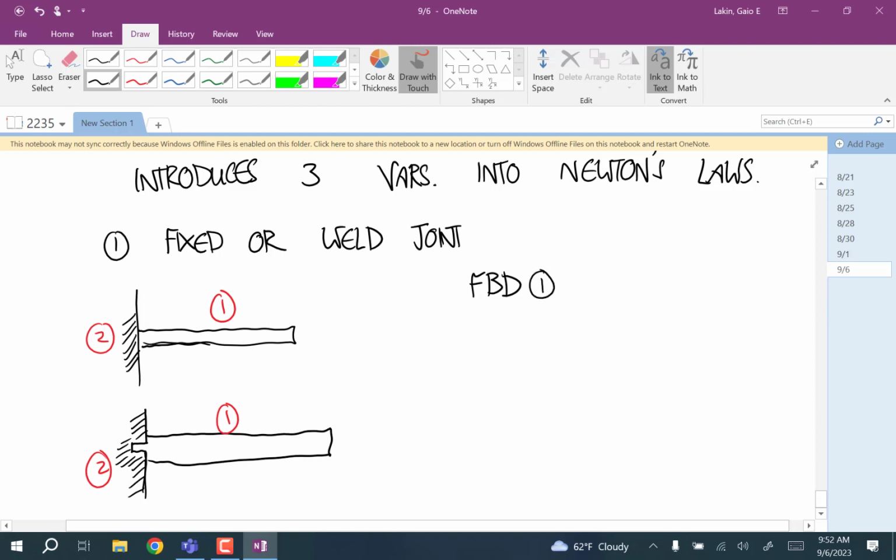Free body diagram of body 1. Looks like this. There's a force vector, force on 1 by 2, and a couple that I'll call couple on 1 by 2. So there's the 3 variables and the free body diagram of body 2.